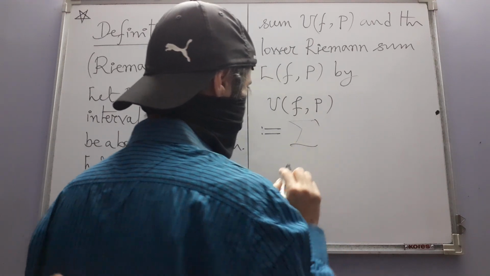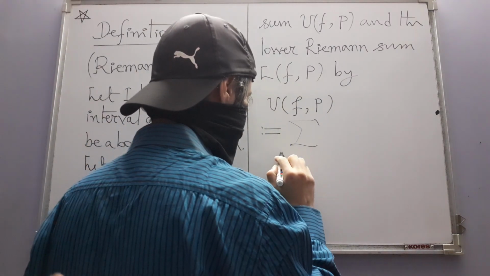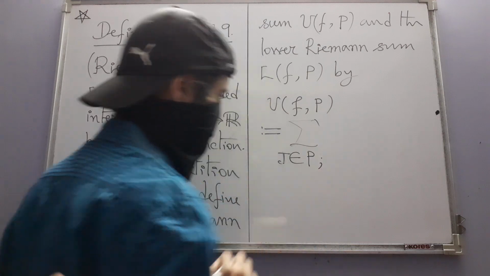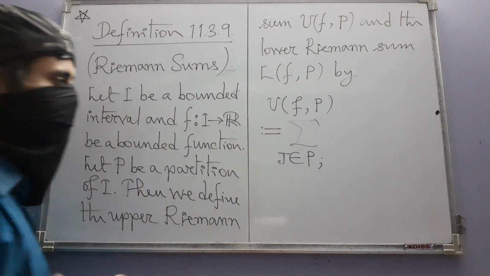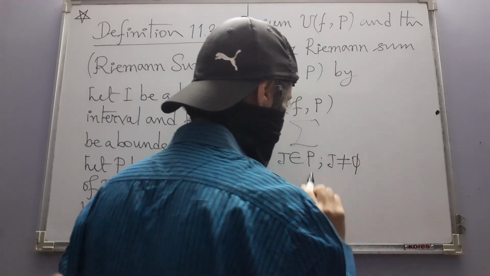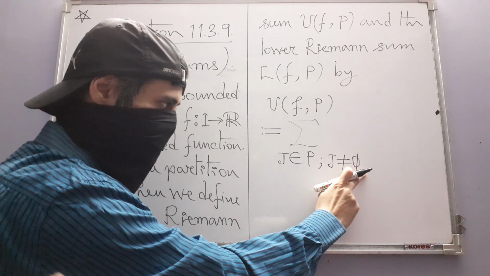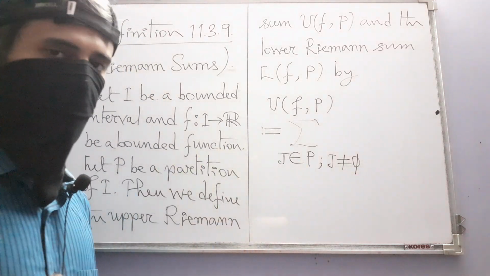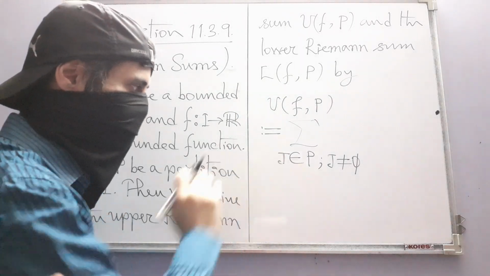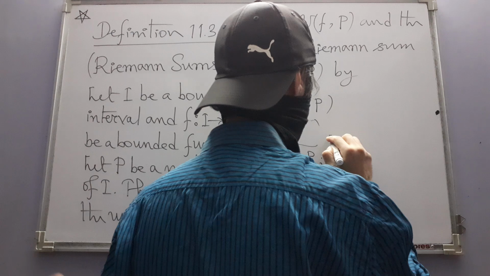A sum where we have one term for each subinterval j in P, but there is a condition. We are assuming that this j is non-empty. P being a partition of I may have the degenerate interval empty set as an element, but we do not want j to be empty. We want j to lie in P, but we do not want j to be empty. It will be clear why we assume so.